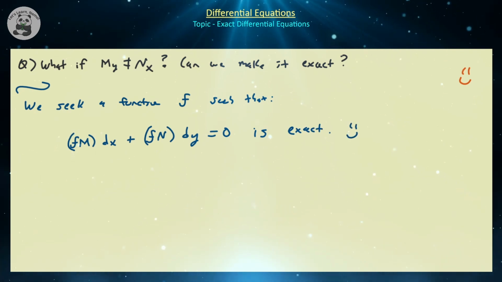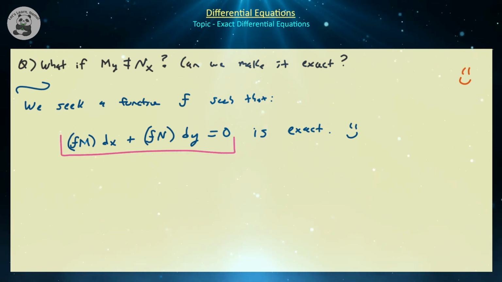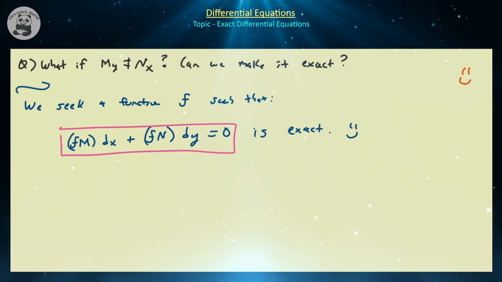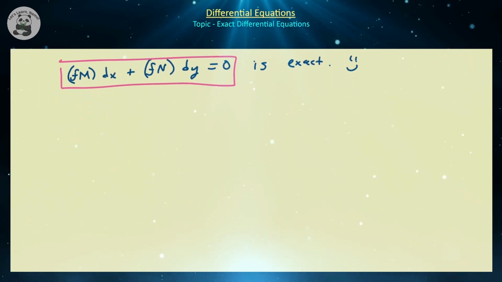I.e., we multiply both sides of our non-exact differential equation by f, and then we get an exact differential equation. Then we can apply that theory and then be done with it.